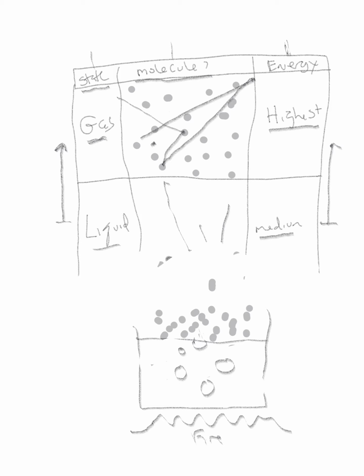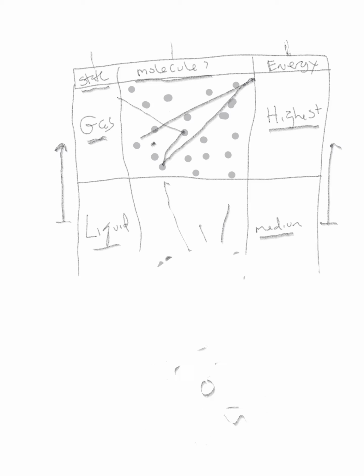Okay, and then if I'm going to cool it down, so if I cool a substance down, let's say water, and we convert it from a liquid to a solid. So a container with water. And where would we do that?